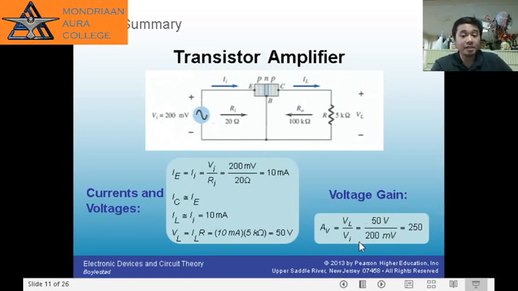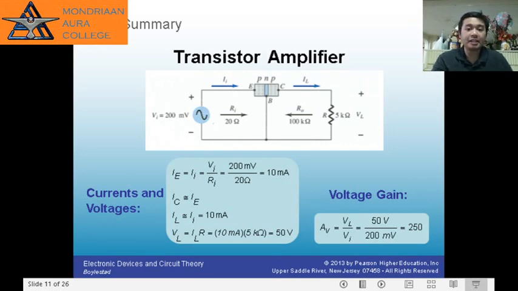V sub I, which is 200 millivolts. We divide this, and the volts cancel. So the voltage gain is equal to 250. What does that mean? We got a voltage gain of 250 in our circuit. We multiplied the input by 250 and got an output of 50 volts. That is what we call the transistor amplifier or amplifying action.